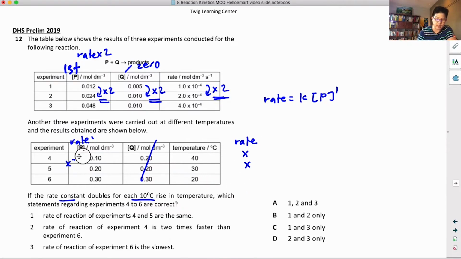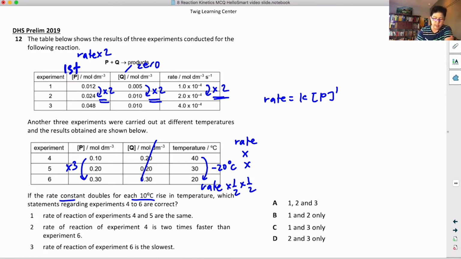Let's look at the last experiment, experiment 6. Over here, let me compare, maybe I compare 4 and 6. From here, I'm going to multiply the concentration by 3, and over here, the temperature went down by 10 and then went up by 10 again. So this is actually minus 20 degrees Celsius. The rate must drop by half, and then drop by half again.